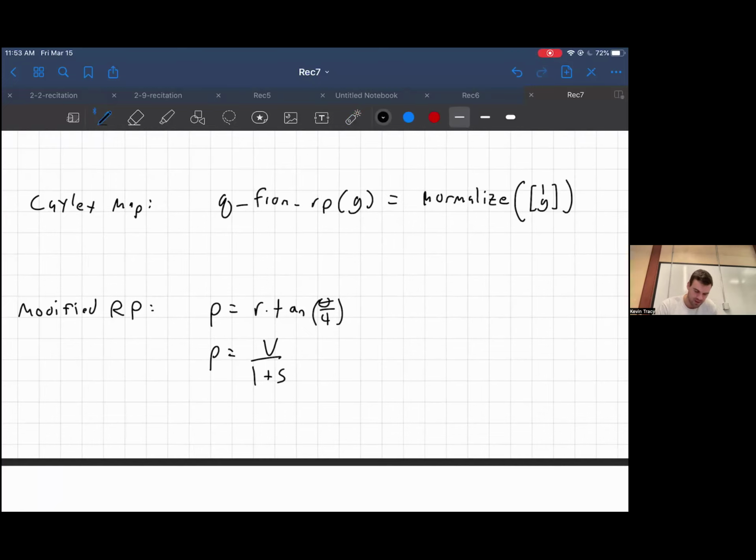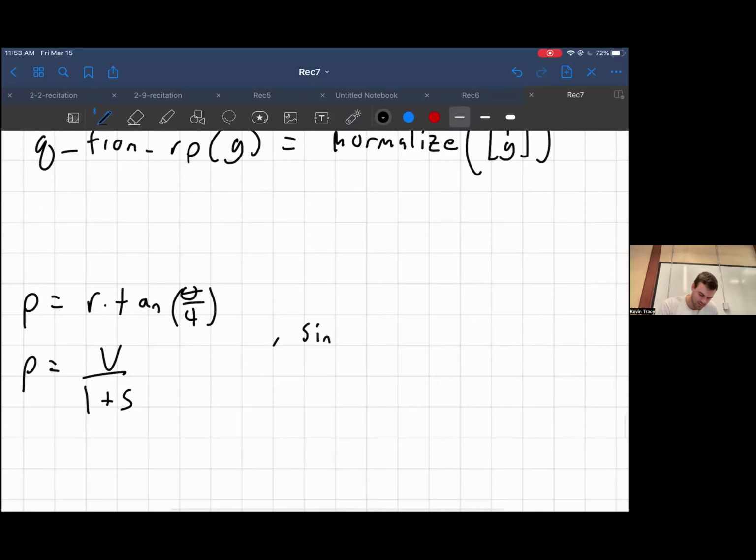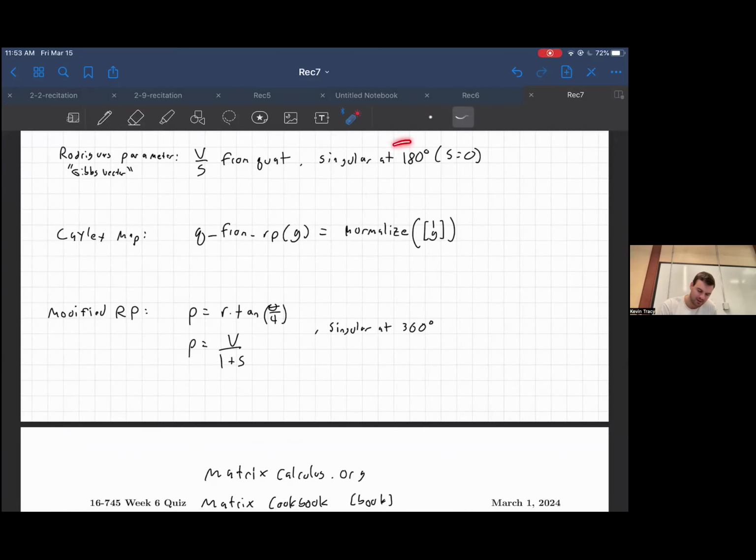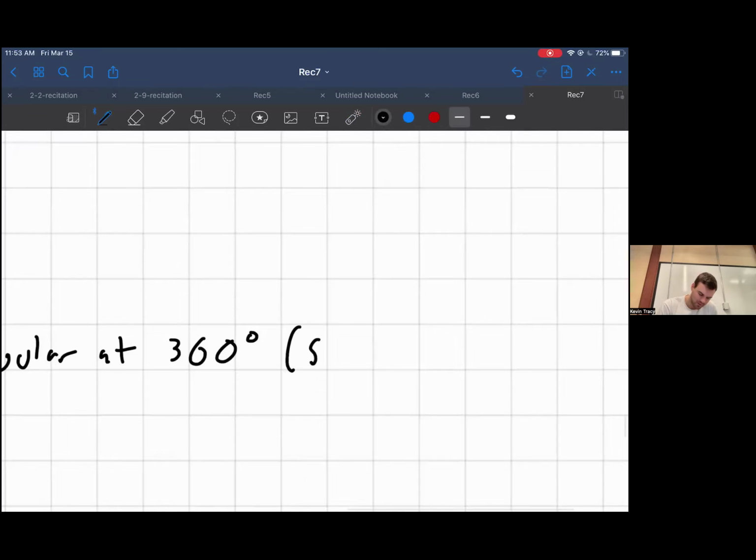And this is, importantly, singular. Where it used to be at 180, I have now pushed the singularity to 360. And this is when s equals -1.